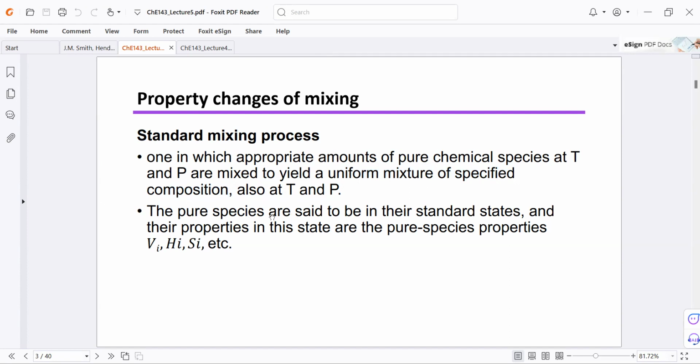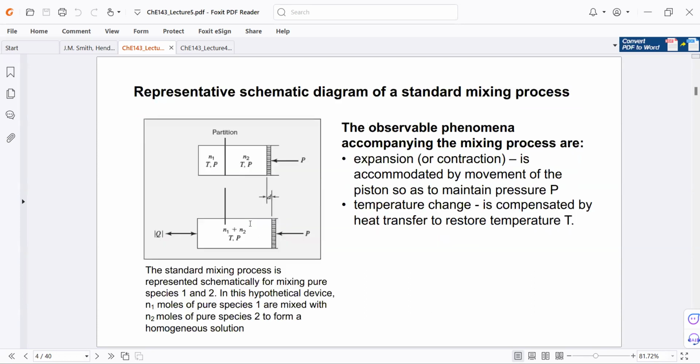And the pure species are said to be in standard states, because we're talking about the standard mixing process, wherein the pure species are in their standard states and their properties are the pure species properties V sub i. Remember, V sub i is the pure species property of species i for volume, and H sub i, S sub i, etc.